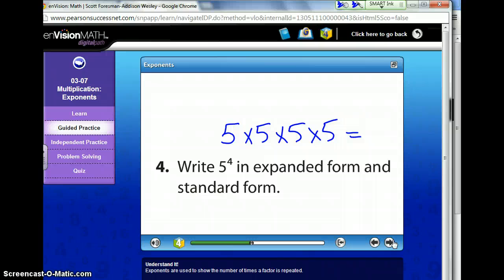What would you do? What would you do, Brendan? Brendan would take 5 times 5, which he says is 25. Good. Now I have 25 times 25.